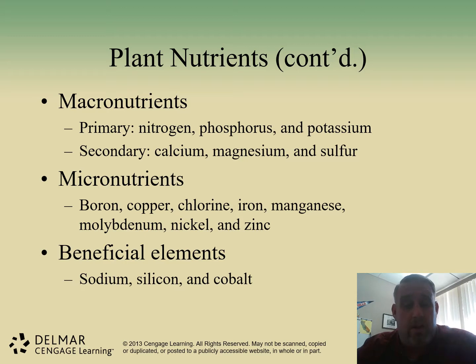They are the essential metals that need to be used by these plants, and oftentimes these are put out in chelated form or coated form so that they are slower release, so that they're always present in the soil. There are a couple of beneficial elements, and these are sodium, silicon, and cobalt, not as readily needed within the soil, but they are beneficial to the plants and to the soil.